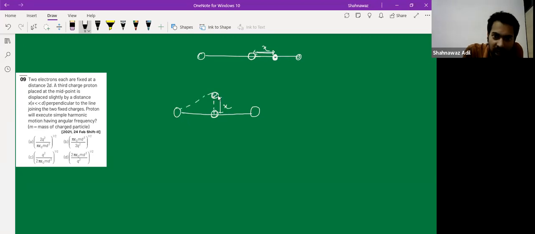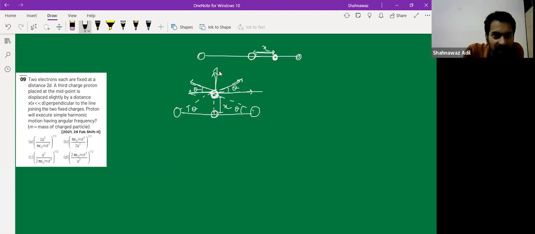So you recall the vector property, right? Let's say this is theta, this is theta, this is theta. So which component will survive? You calculate the individual forces and tell which component will survive.